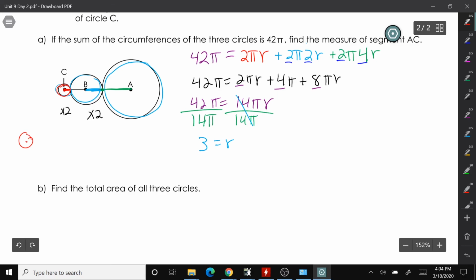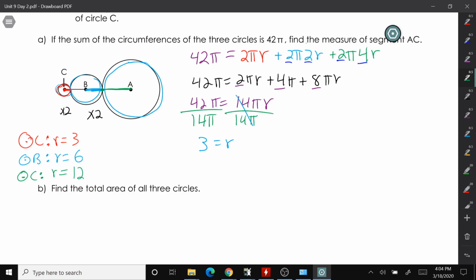So circle C, r is equal to 3. For circle B, r is equal to 2 times that, or 6. And for circle A, the radius is 4 times the small one, or 12. Or you can say 2 times circle B, the medium one, and get 12 as well.